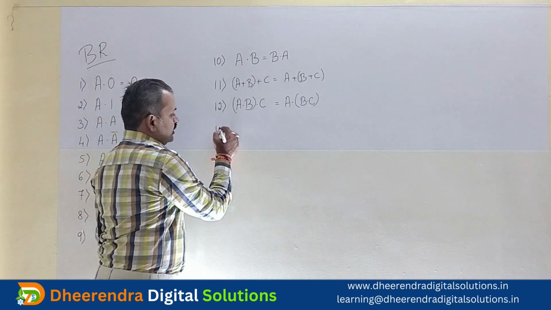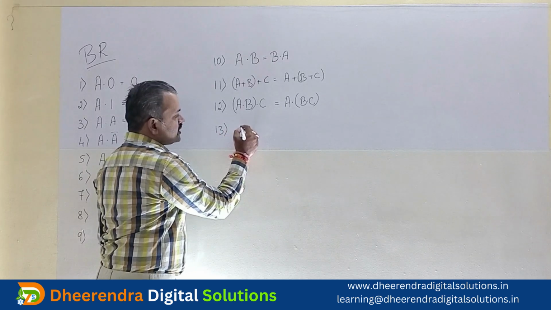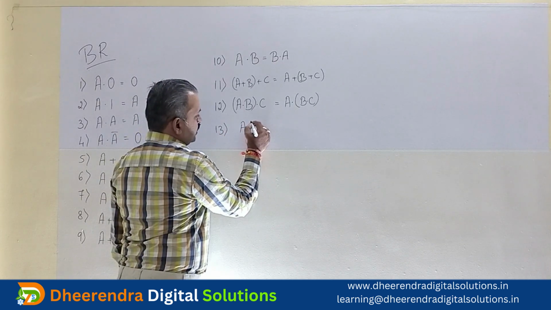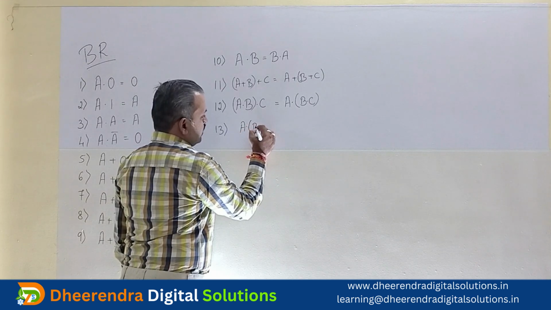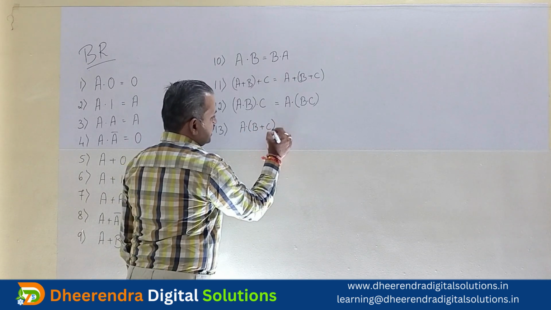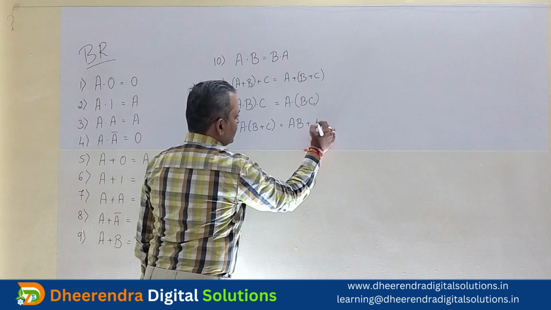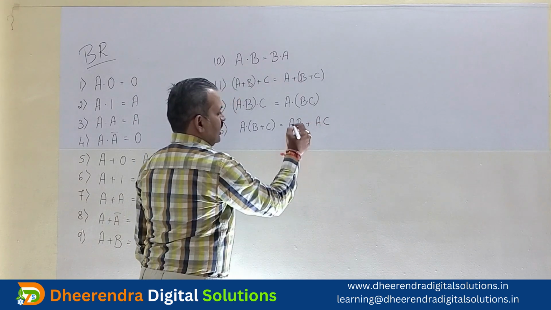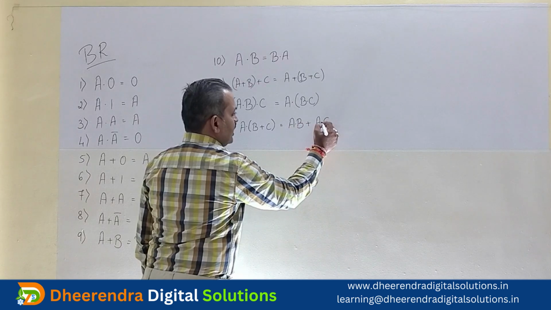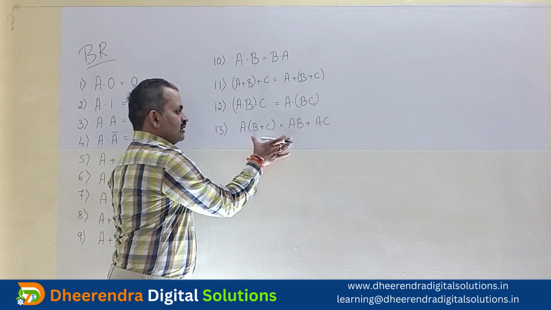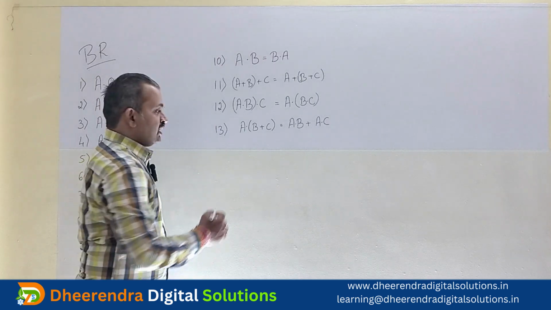Then, the 13th rule, the distributive property. A dot B plus C is equal to AB plus AC, or A dot B plus A dot C. Both are acceptable. So, this is your distributive property.